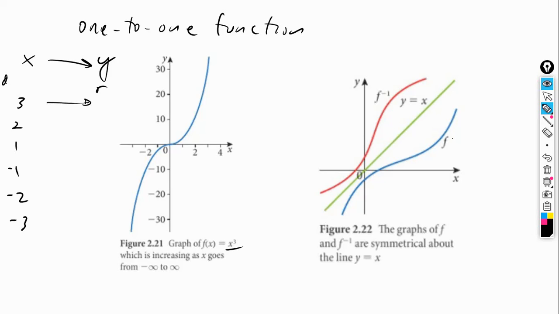Each and every value for x in the domain would map to one unique value in the range for y. So remember that 3 would give us 27, 2 would give us 8, 1 would give us 1, negative 1 would give us negative 1, then negative 8, and finally negative 27. So this is a classical case of a one-to-one function.